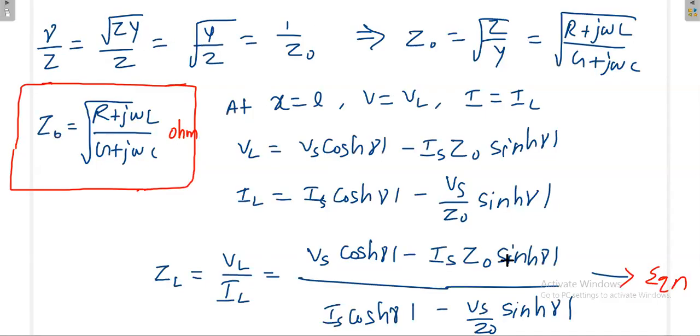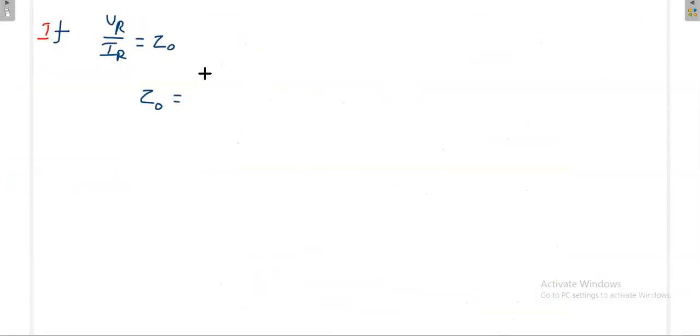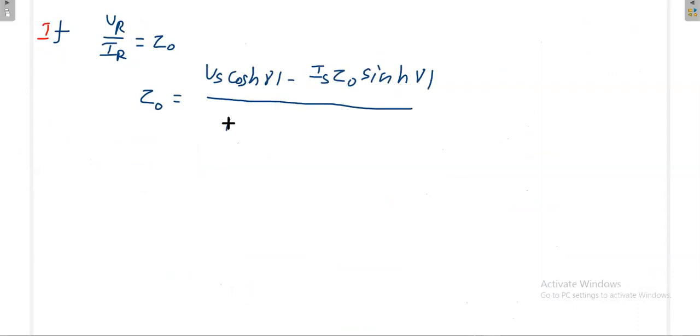The remaining equation is the same; whatever is present in the numerator and denominator remains the same. So Z0 equals Vs cosh(γL) minus Is Z0 sinh(γL), divided by Is cosh(γL) minus Vs divided by Z0 sinh(γL).